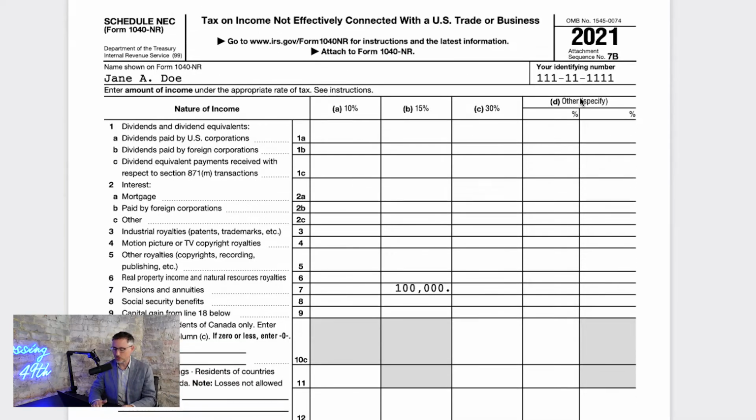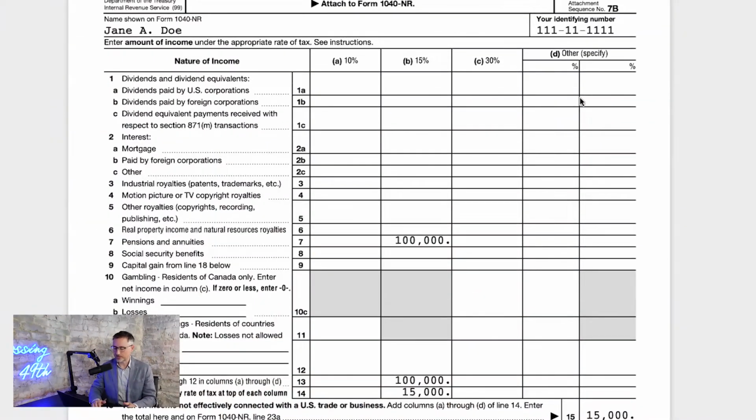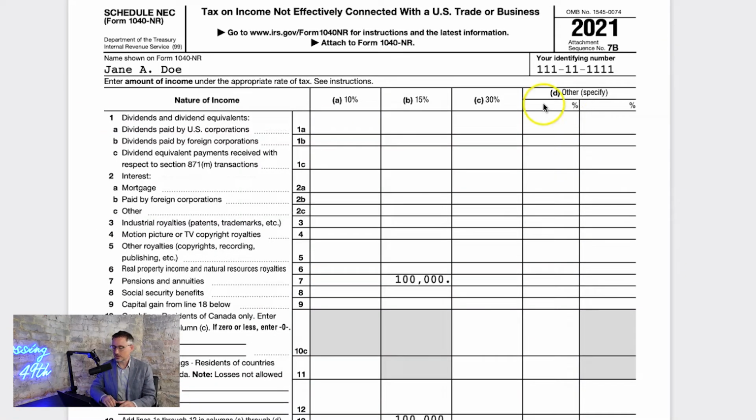If you go to Schedule NEC, now if you're not going to use software to file these returns, you're going to have to actually download each individual form. So I have this in the article, but you're going to have the 1040NR, this Schedule NEC, and another Schedule OI to complete. So Schedule NEC.